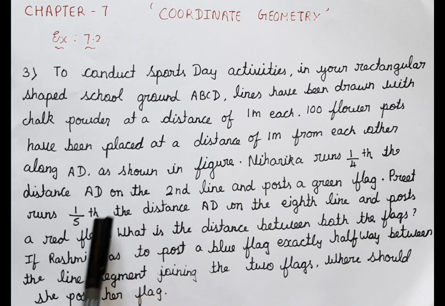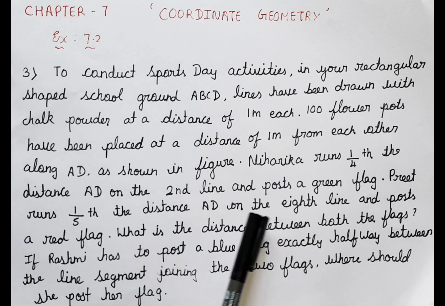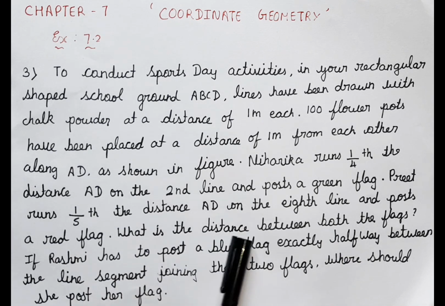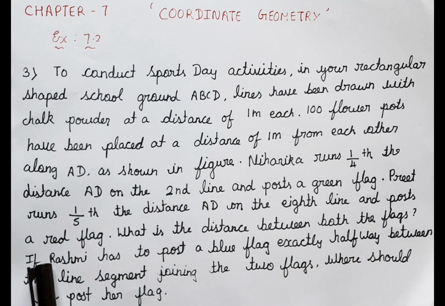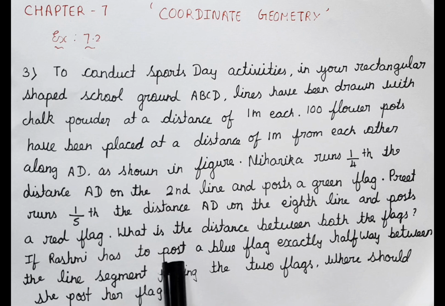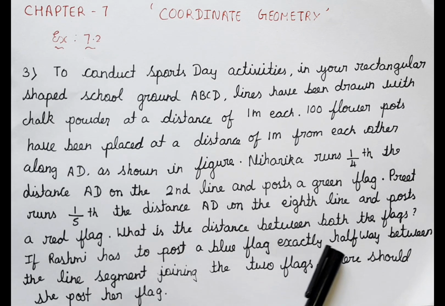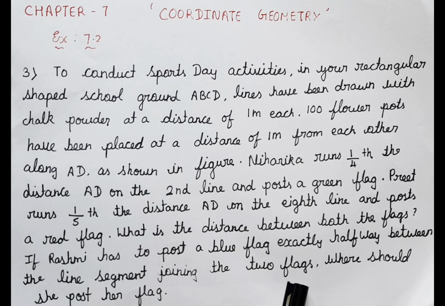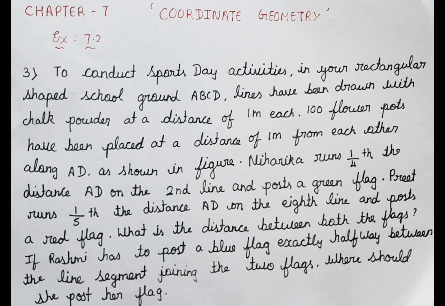Preet runs 1/5 the distance AD on the 8th line and posts a red flag. What is the distance between both the flags? If Rashmi has to post a blue flag exactly halfway between the line segment joining the two flags, where should she post her flag?